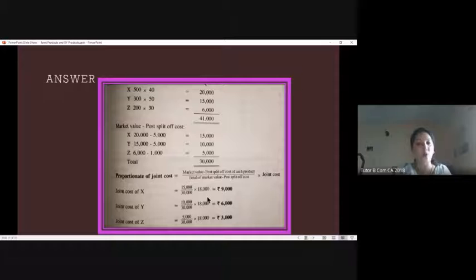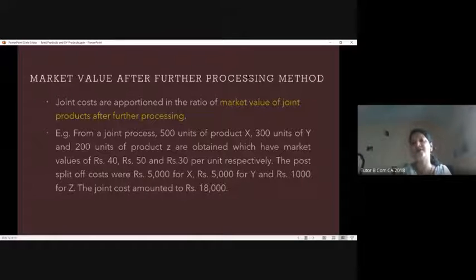Same as the case for Y. Here it is the market value at split off; we reduce it with the post split off cost, we get 10,000. So 10,000 by 30,000 into 18,000. Same for Z, it would be 5,000 by 30,000 into 18,000. So this is what we talk about as market value after the processing cost, that is, the method that further considers the processing cost.